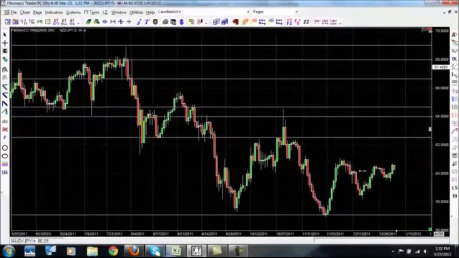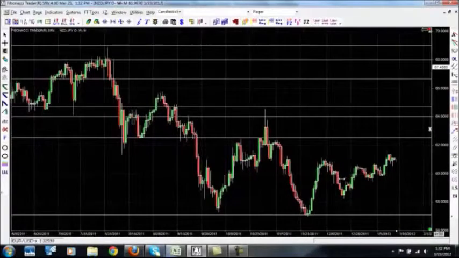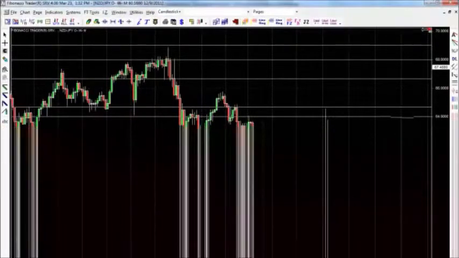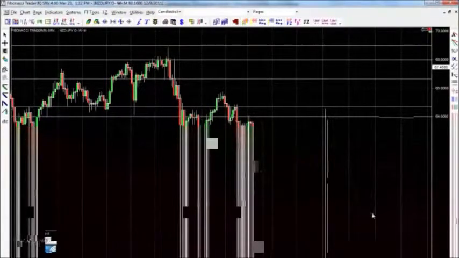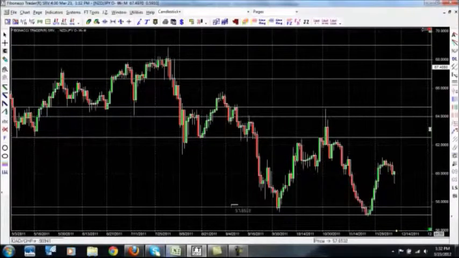All right, so what we're going to start doing is trying to figure out where some good entry points are going to be in the market. So let's say price comes up this far, and we see it starting to come back down again. We need to find a good entry. Now, we know this would be a good entry because that's a place where price tends to bounce.